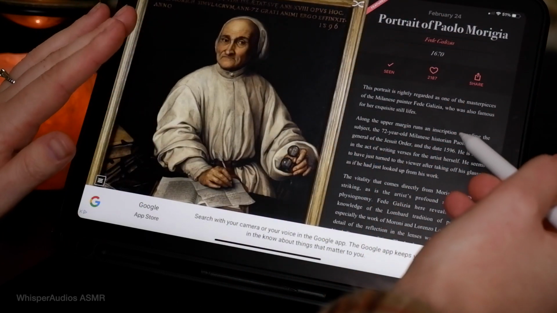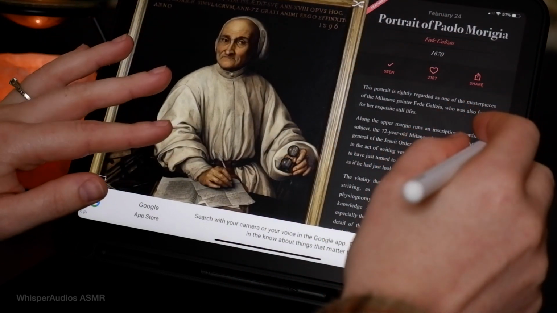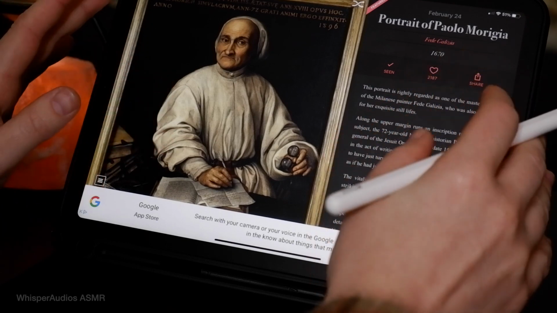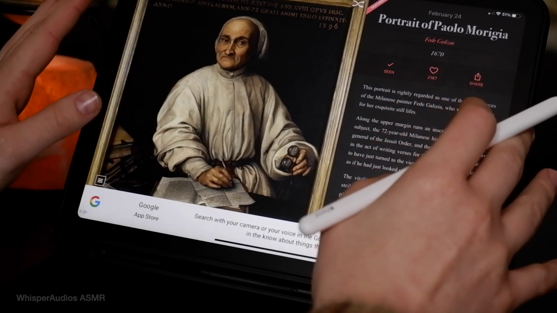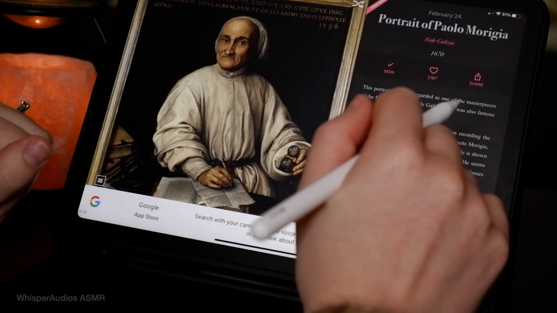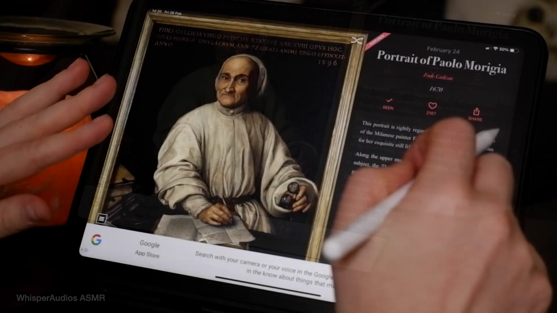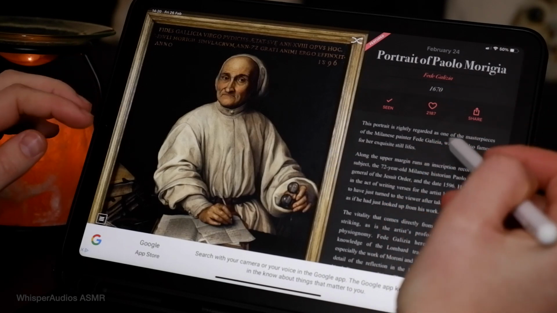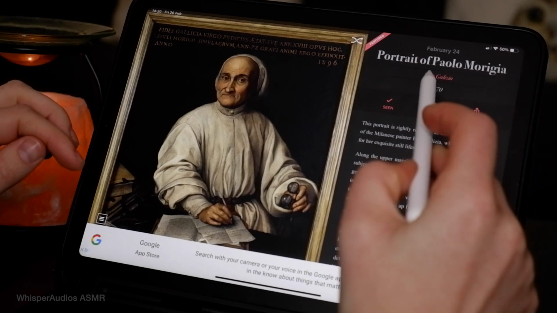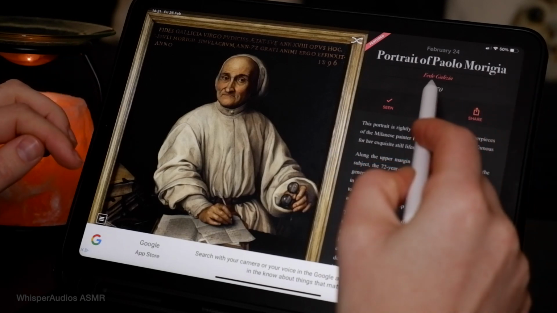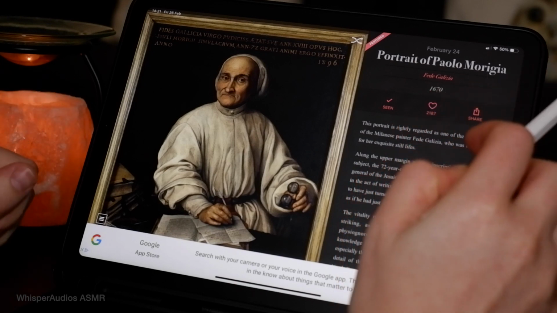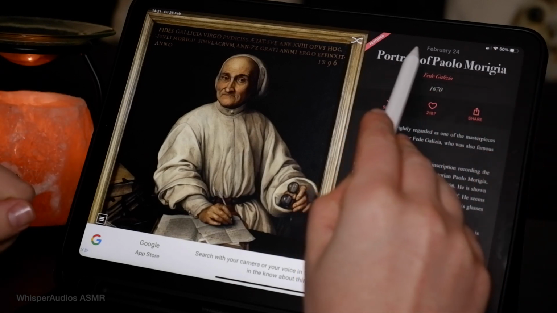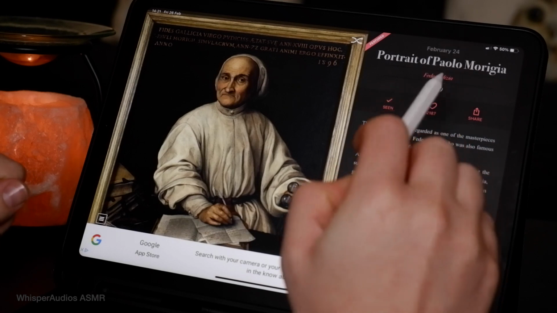But of course you're free to download this app if you're interested in seeing what today's artwork is. Okay, so this portrait is a painting by Galicia, and it's called The Portrait of Paulo Morriga.